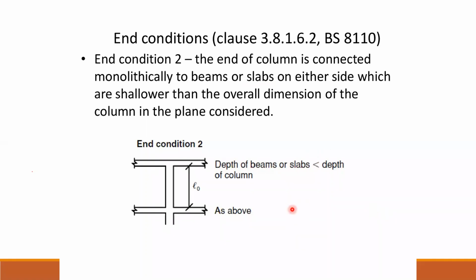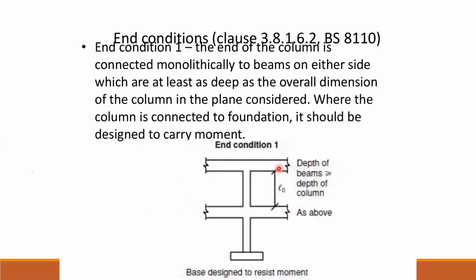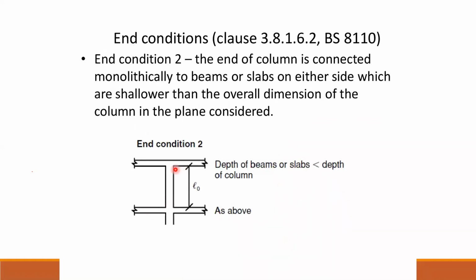In such cases, you have to think about end condition number 2. Here you can see the beam depths are comparatively small compared to one of these dimensions, either B or H. The slab thickness and the beam thickness are less than the column width or depth. So in such cases, you need to make sure that you take the value from end condition 2.